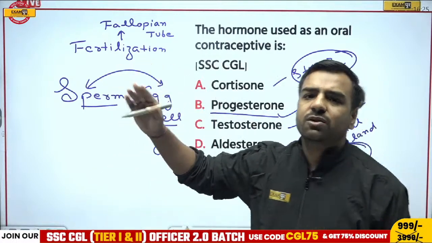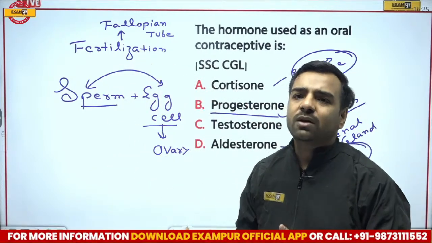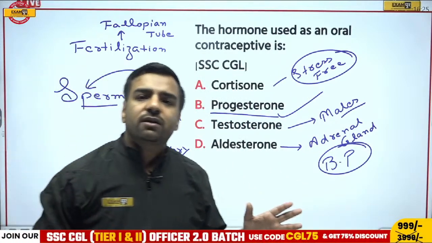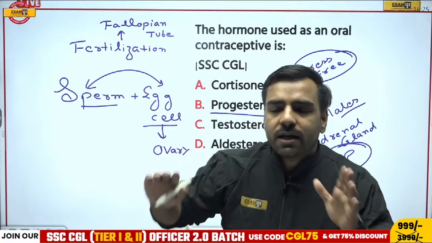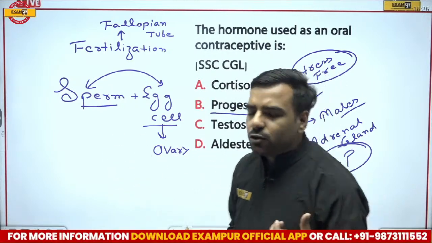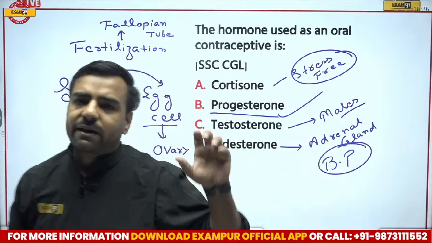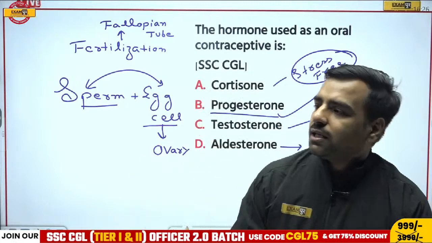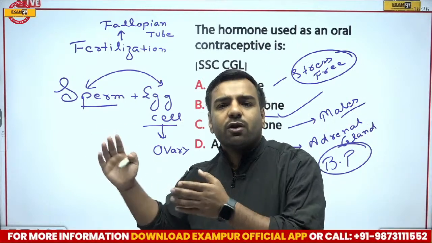One of the hormones, I'll tell you. If I take the example of the pineal gland, from there we get melatonin. Do you know what is the role of that melatonin? Every day, for example, I wake up at 7, but let us assume there's a morning lecture at 5. I have to take a current affairs session, so I'll put an alarm clock at 4 or 4:30.